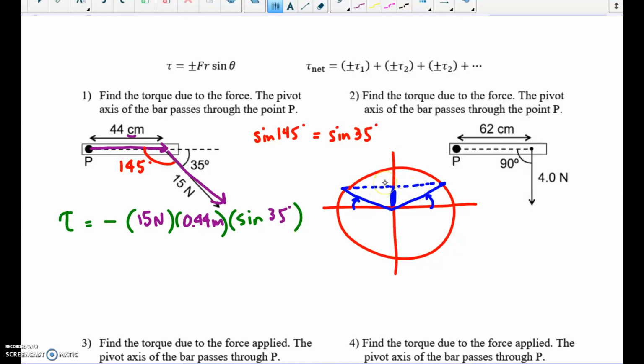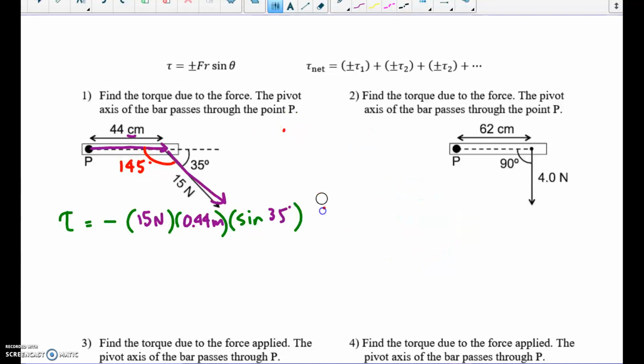So the sine is going to be the same if you're going up 35 from 0 or subtracting 35 from 180. The sine of the value will be the same for both. So it doesn't actually matter, you could do sine of 145 if you want. It'll give you the same answer as if you use this angle. Like you imagine extending out r all the way out, and then mark the angle with the force. That's another way to mark the angle theta.